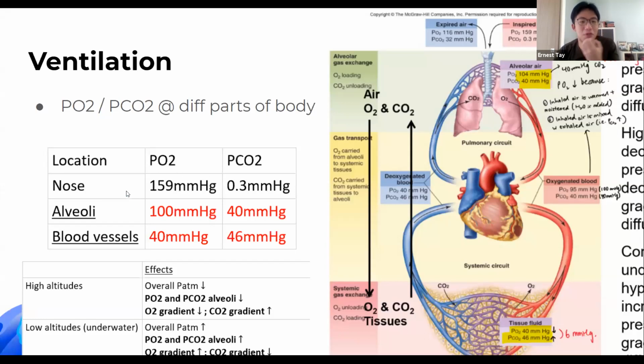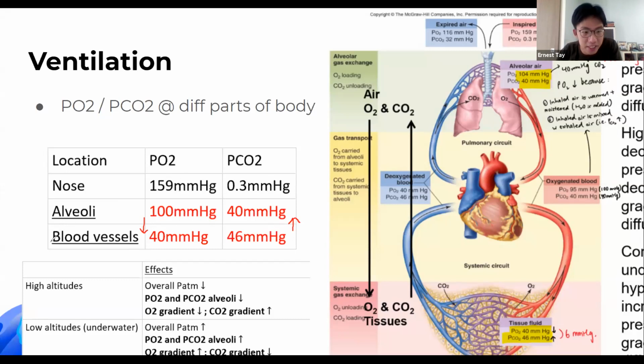But then as it goes down your tract, it gets diluted with other air. Because of that, it becomes 140. This is a very important value to know. Subsequently, as it moves on throughout your body, the oxygen will overall decrease until it reaches around 40 in your blood vessels, and your carbon dioxide will increase as it collects carbon dioxide from the rest of your body.